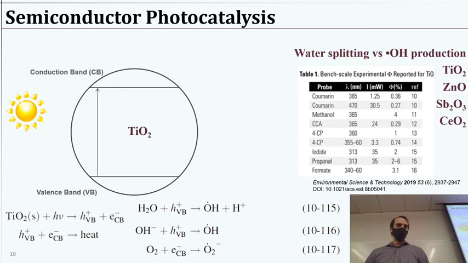Okay, so I want to talk about another way we can form hydroxyl radicals and similar ones, and that's photocatalysis. This is something that's received a lot of attention in the past few decades, because you can take a semiconductor and expose it to light, and potentially even visible light, or near the edge.